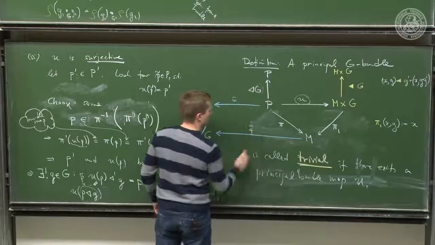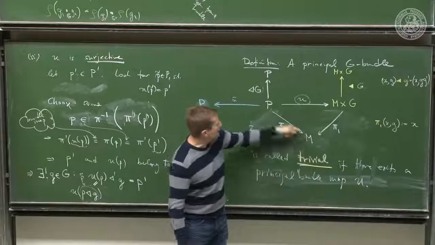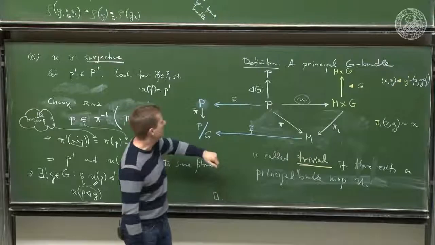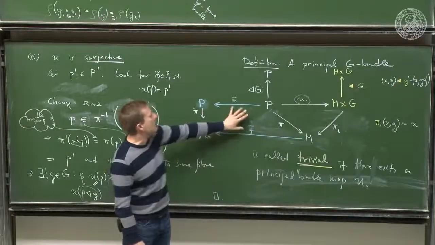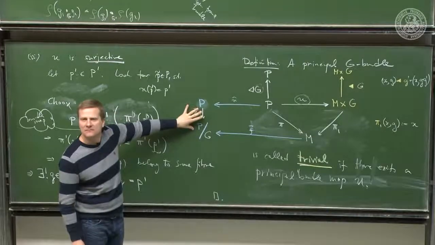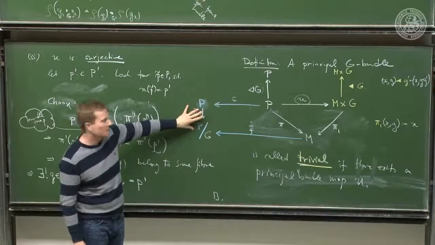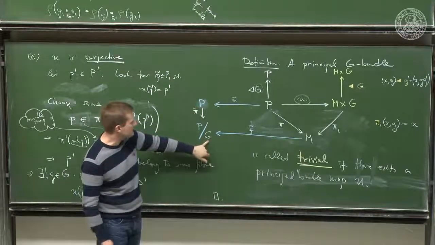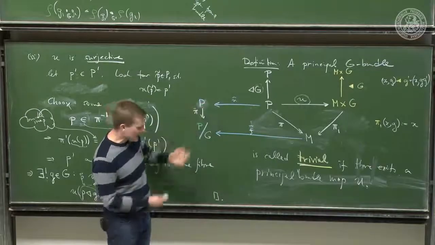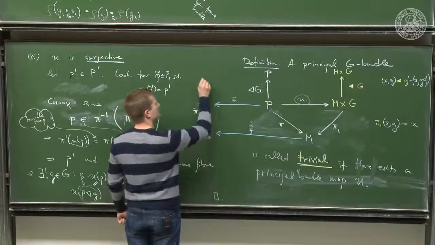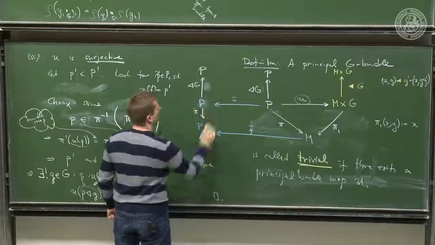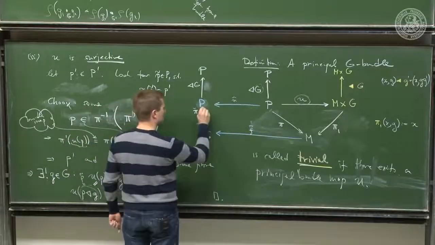We said this white guy being a principal fiber bundle was actually defined as there being a bundle map to this bundle. Remember that? Because G acts by a free action on this, on here sits the free action that we already have. So it should also be blue. They should all be blue.